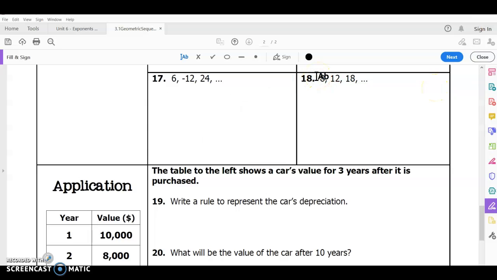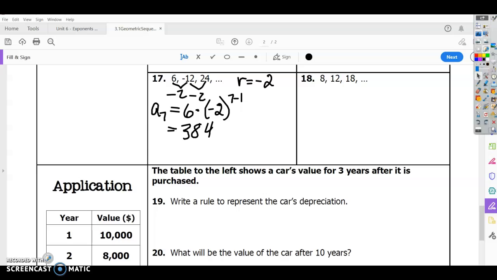Number 18 is very similar, except this time look at how it divides. We're going to have 18 divided by 12. Those are both divisible by 6, and that's 3 over 2 when reduced.